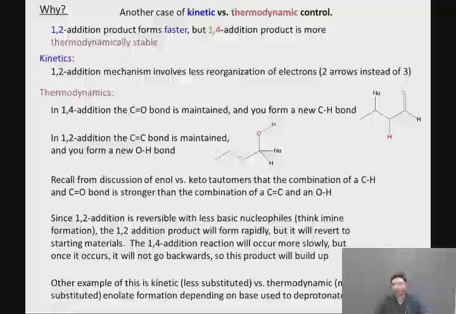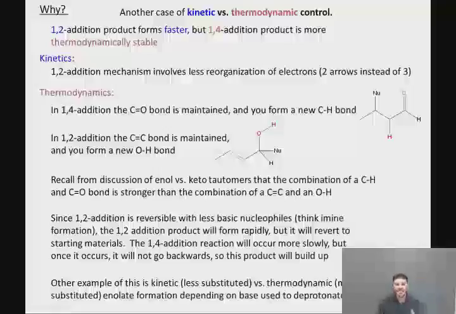The thermodynamic enolate is when you remove one of the less sterically accessible hydrogens. That leads to a more thermodynamically stable product. And which product you got in that case depends on the base that you use for deprotonation.